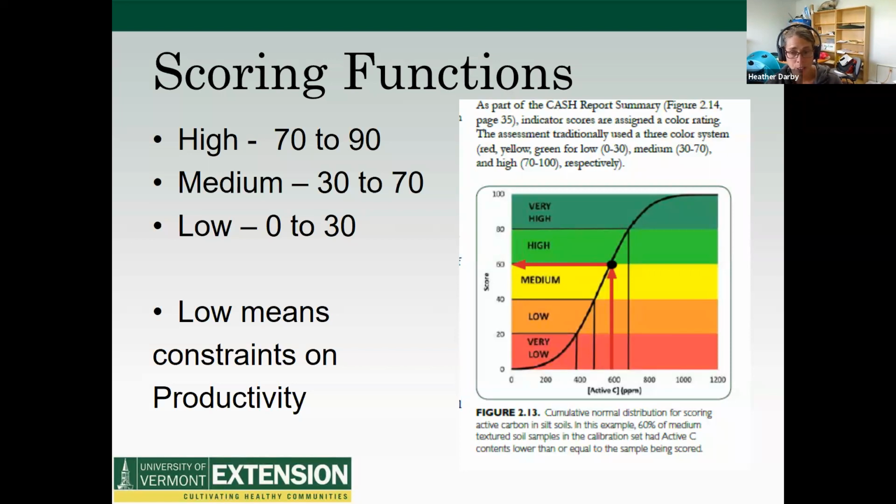And I know anybody on this call that's worked with farmers would say, well, I have a clay soil, and my clay soil isn't going to act like a sandy soil. And that's absolutely true. And Cornell has taken that into consideration when they give the results. That's part of the reason that they measure soil texture as part of the whole soil health package.